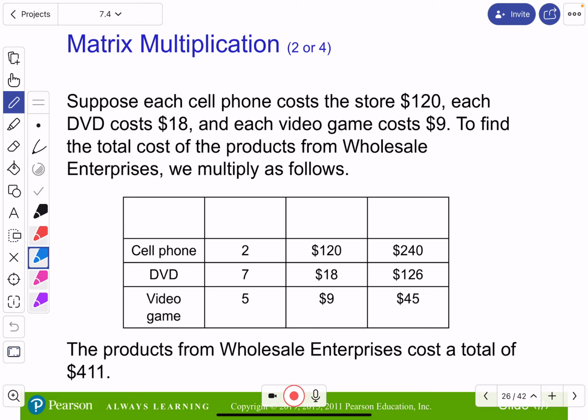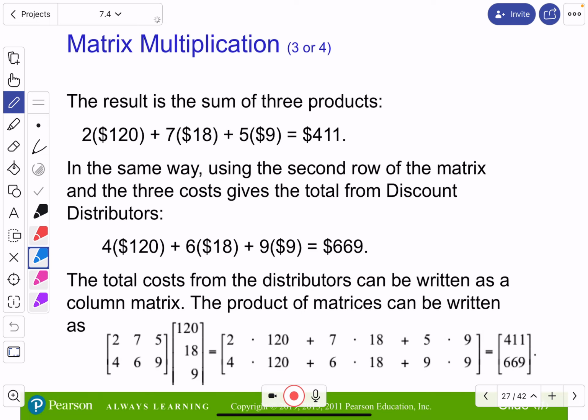We would multiply the amount of cell phones by the price to get the total, the amount of DVDs by the price to get the total, and so on and so forth, and add them up. We can do that as a matrix. We can take the first matrix that we made and then put the prices in the second, just making sure our numbers coincide with the price.